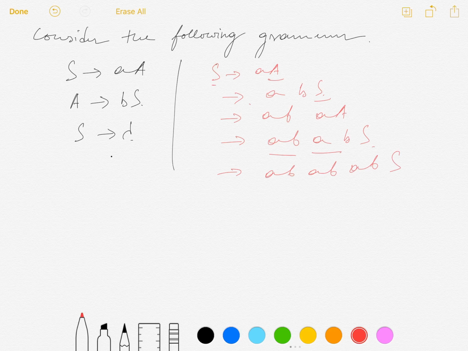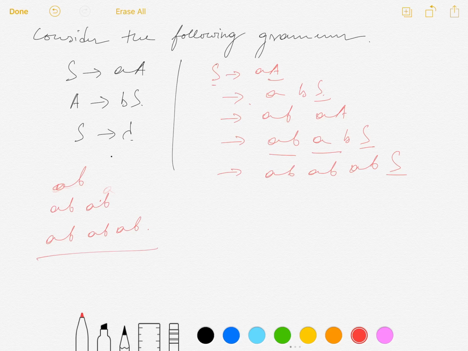So, if I replace this S with lambda, then I must get only A B, or A B A B like this.